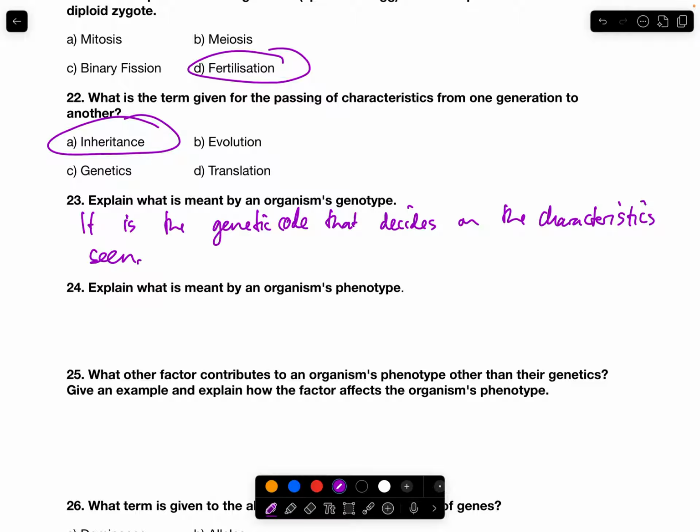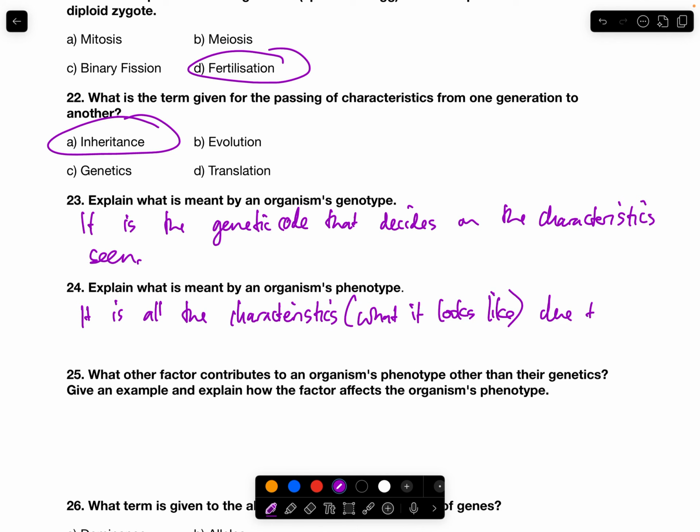Explain what is meant by an organism's phenotype. It is all the characteristics, what it looks like, due to the genetic code.